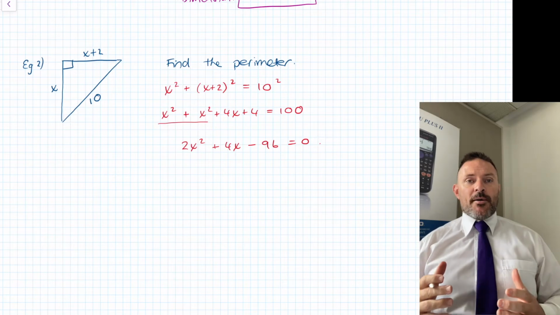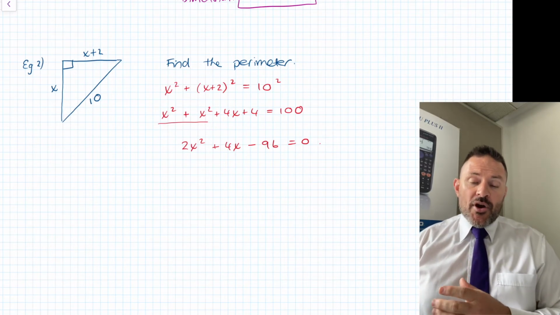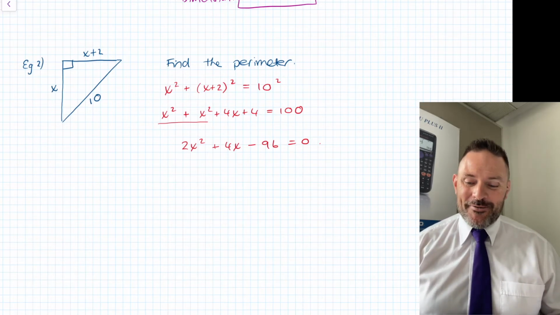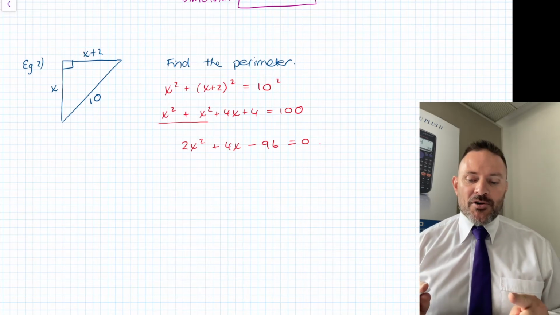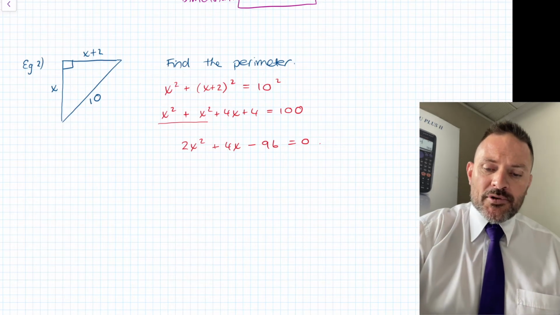Now, this is a nice question, right? Because now it equals 0, so it might be a null factor theorem if I can factorize. Because I'm doing it, it should be able to be factorized. But at the moment, this is a non-monic, and we know that non-monics can be a bit more challenging.